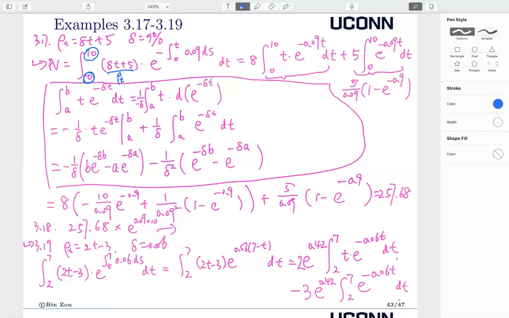If you are calculating the present value, you want your present value to be evaluated at time 0 if it's time 0, or at time 1 if it's time 1. This 0 and this 0 don't need to be the same, because this is the starting point of your annuity and this is the ending point. This point is when your present value is evaluated. This t is obviously the current time. So that's everything for the PV.